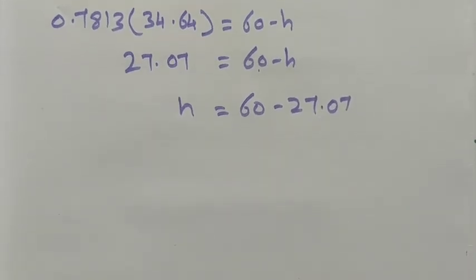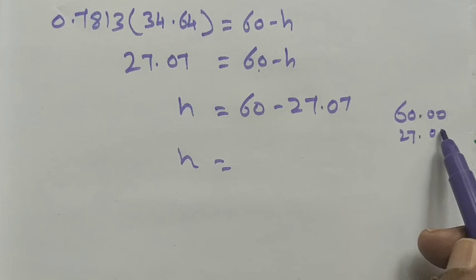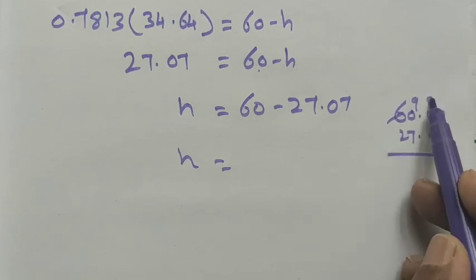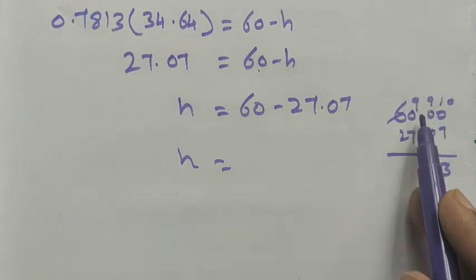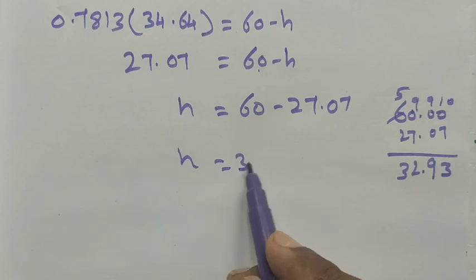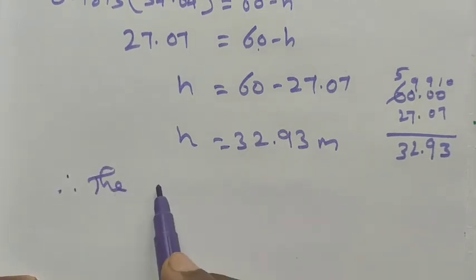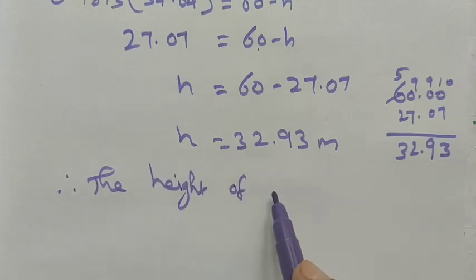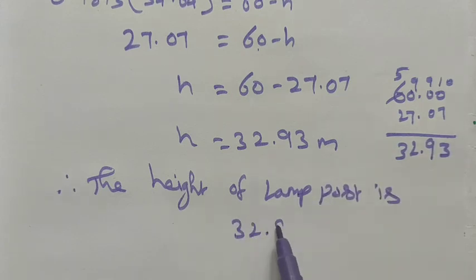H is equal to 60.00 minus 27.07, which is 32.93. So the height of the lamp post is 32.93 meter, or approximately 33 meter. That is the answer. Thank you, students.